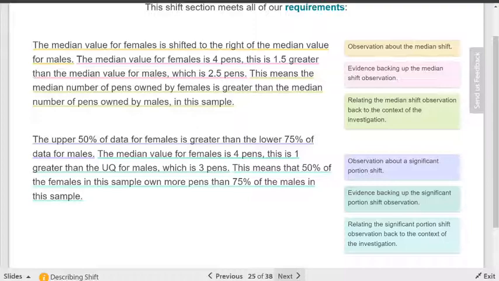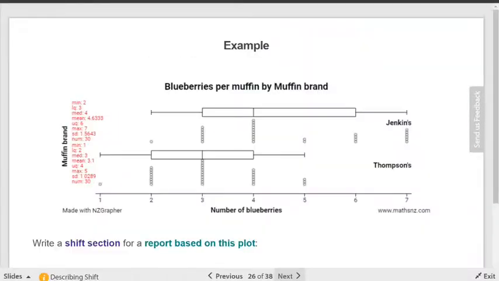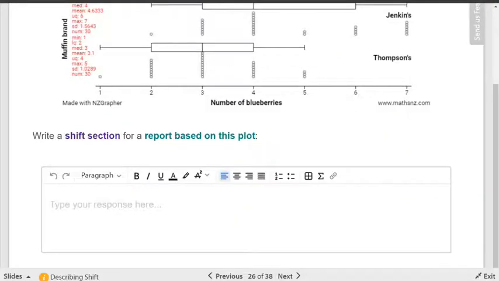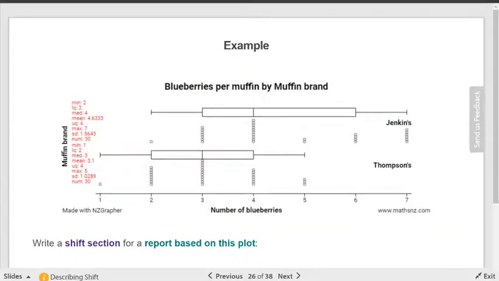So I'm going to get you guys to look at one. So here we go. For example, here we have blueberries per muffin by Muffin Brand. Number of blueberries, Jenkins and Thompson's. You have the stats here because if you look at this median for the upper one and this upper quartile for that one, is it really easy to see which one?